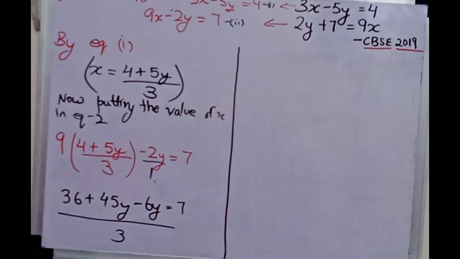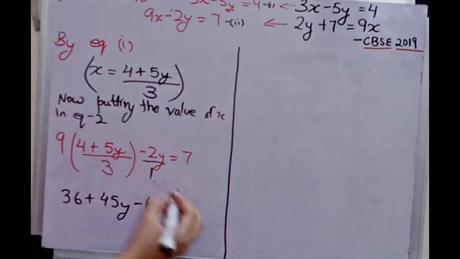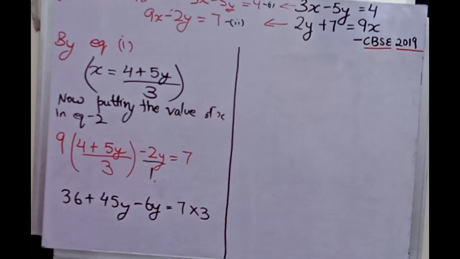Now this whole is divisible by 3. When I put this 3 on this side, it will become multiplication. So without writing this step, I will simply put this 3 on that side and make it 7 into 3, that is 21. Now let us solve it more.